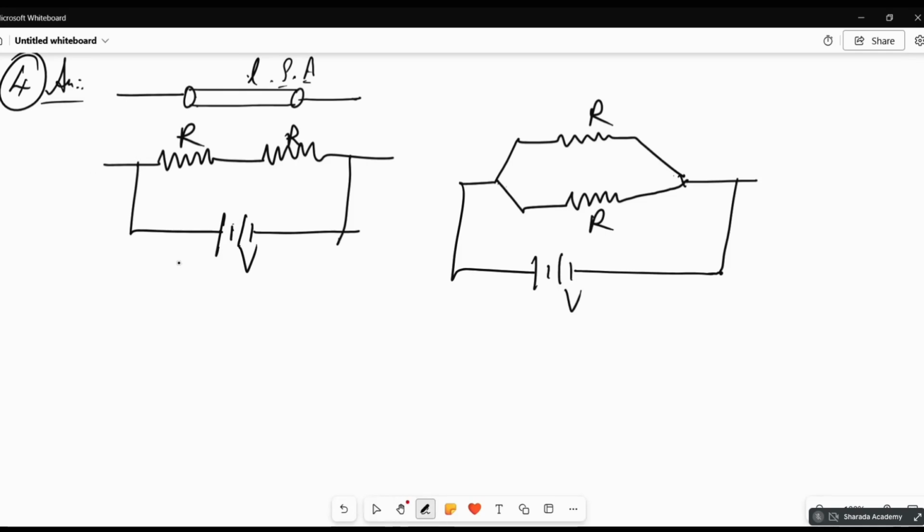In this series circuit, the equivalent resistance is 2R for the potential difference V. What about here? The equivalent resistance will be R by 2.